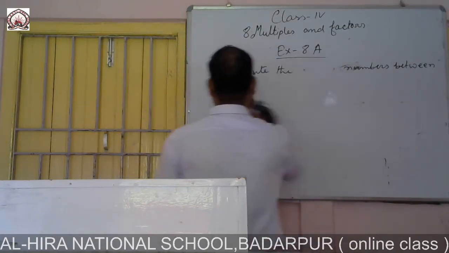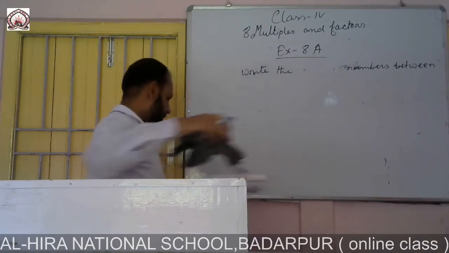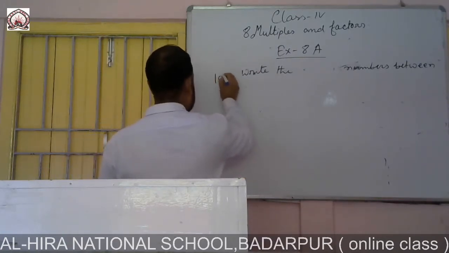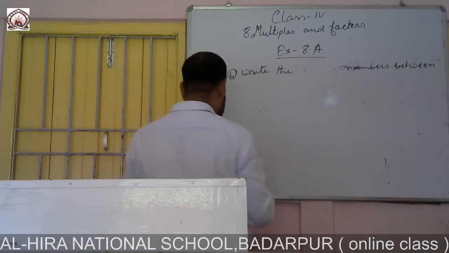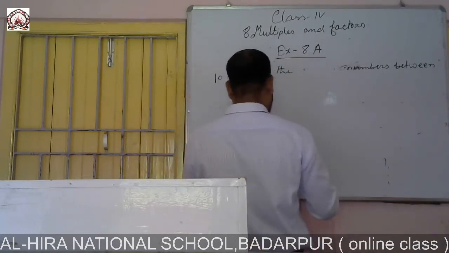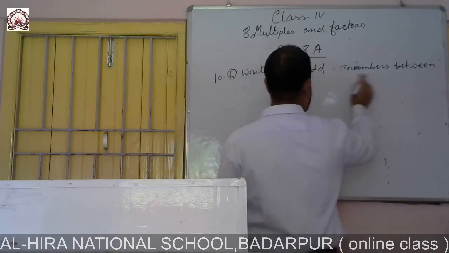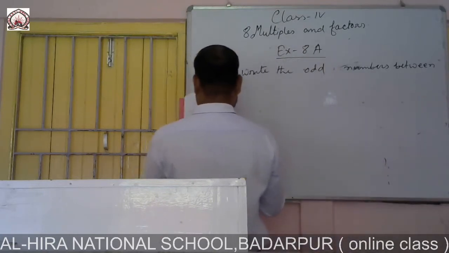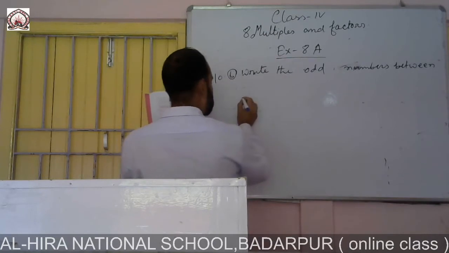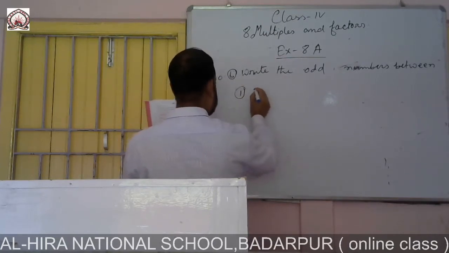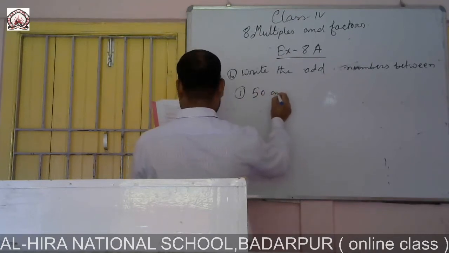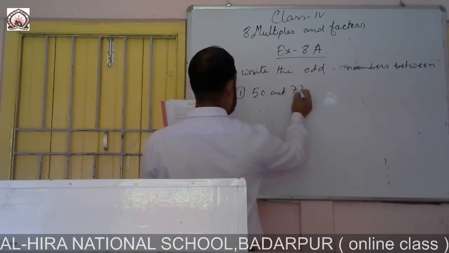Question number 10B. Write the odd numbers between 50 and 72.